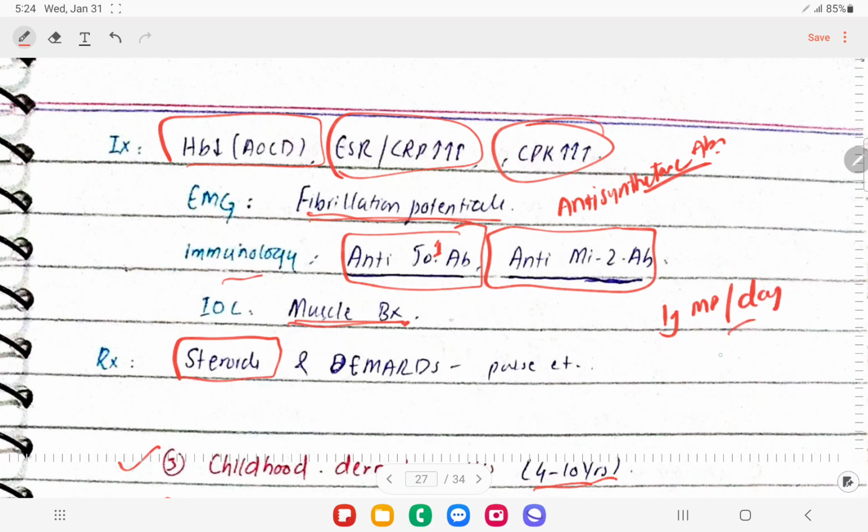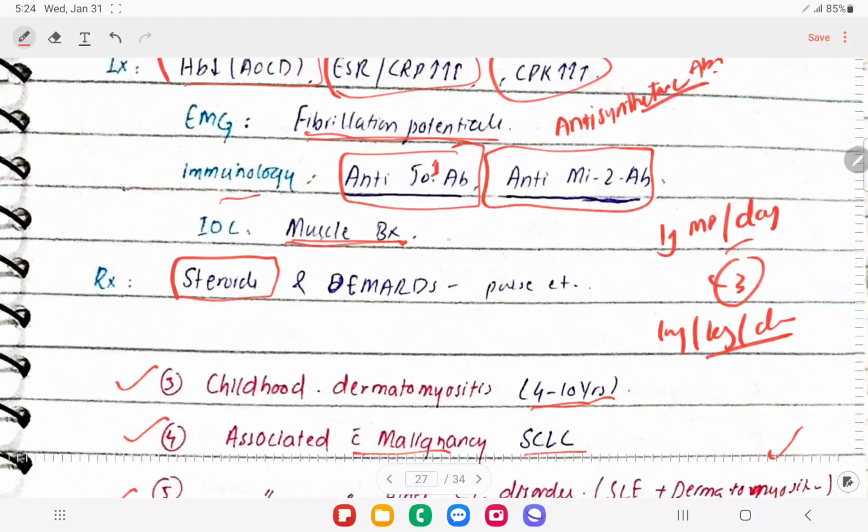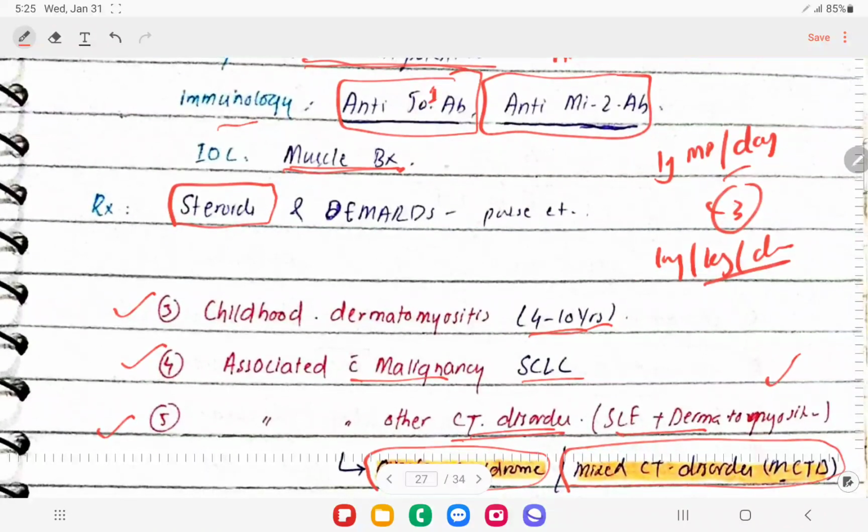We're going to start this for 3 days, then we're going to shift the patient to an oral glucocorticoid, that is prednisolone 1 mg per kg per day, right? So that's the treatment. If the patient responds to treatment, well and good. If the patient does not respond, we have to start immunosuppressive agents like methotrexate, cyclosporin, and azathioprine, right?